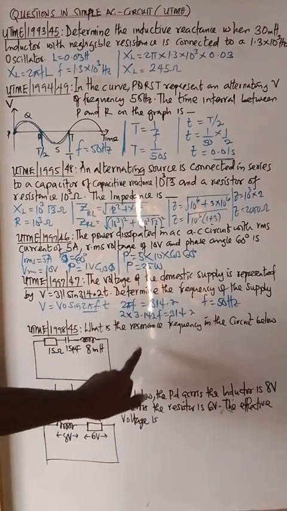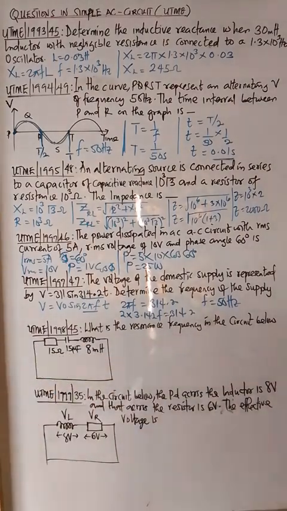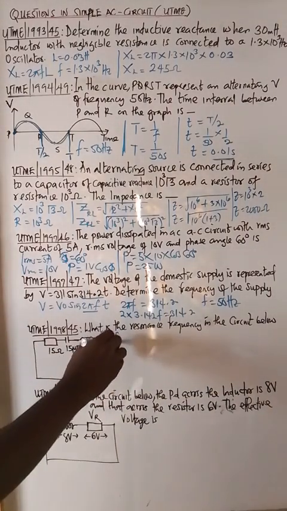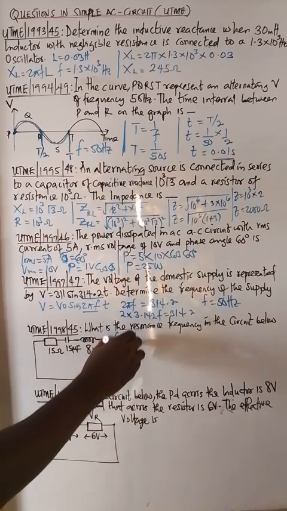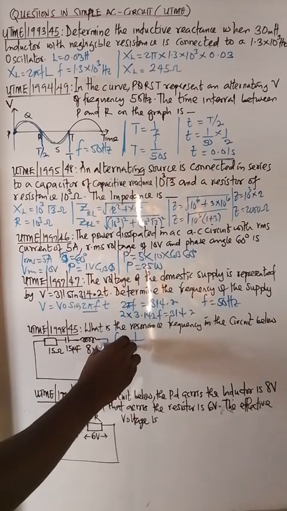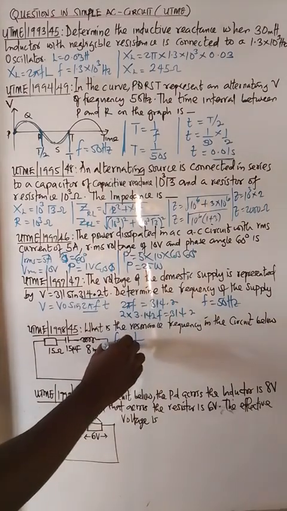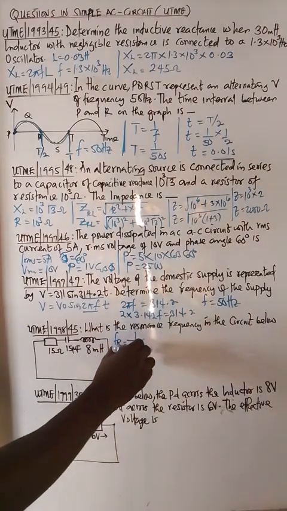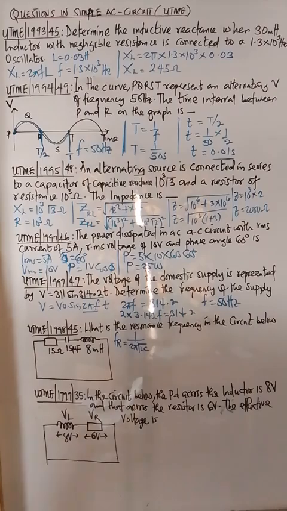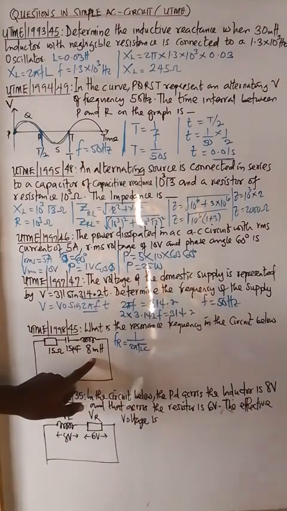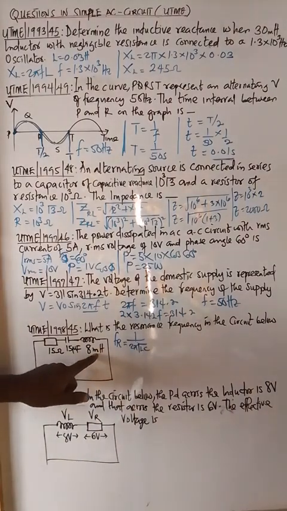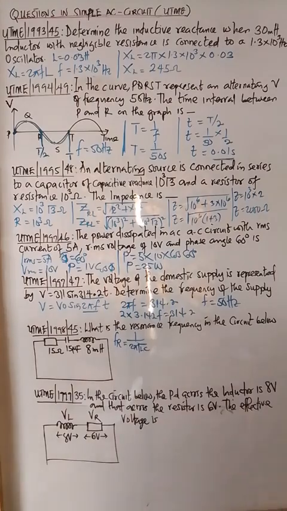Next, what is the resonance frequency in the circuit? What is the formula for resonance frequency? The resonance frequency equals 1 over 2π root LC. L is 8 milli. Milli is what? 10 to the power of minus 3.